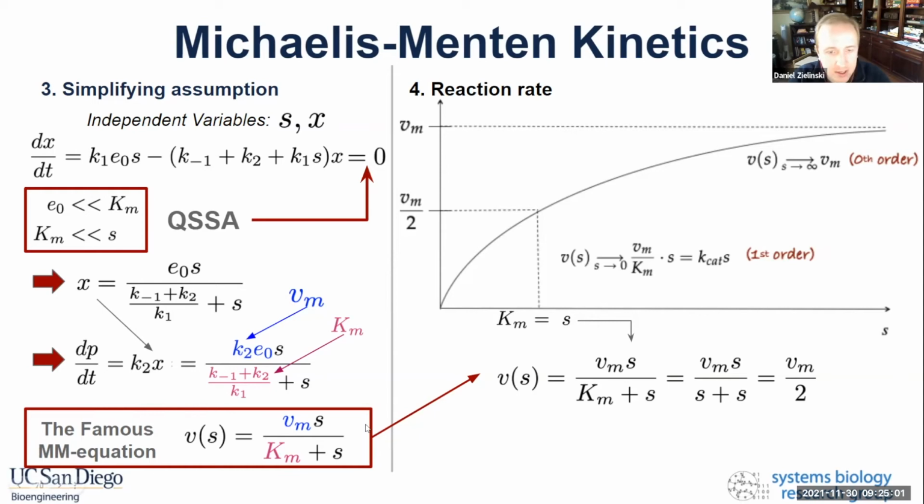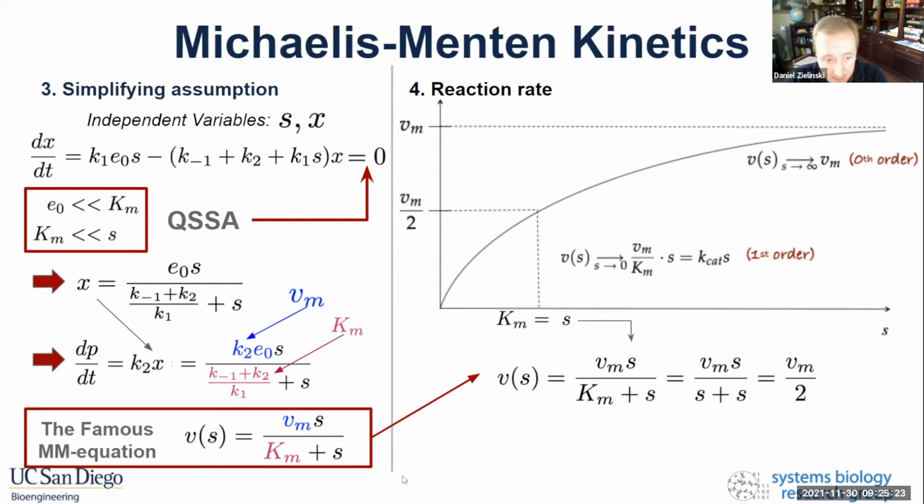So in other words, it's a very simple derivation resulting from mass balances plus a conservation expression on our total enzyme plus a steady state assumption on our complex formation. So that's why it's this quasi steady state assumption.